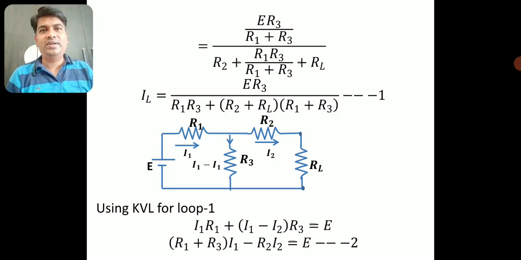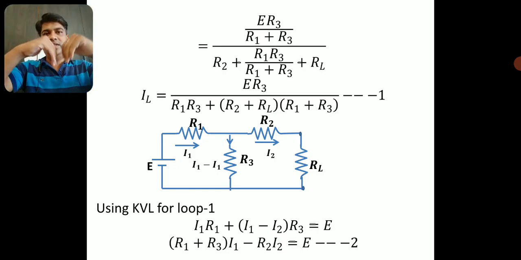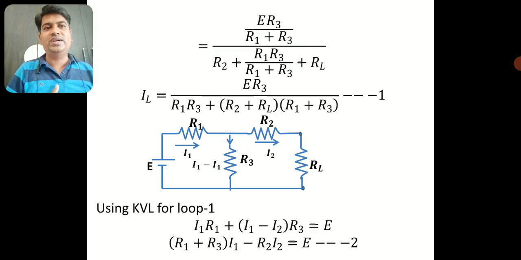So I1 is the main current coming over here, and partially it goes to R2, which is I2. The remaining current, I1 minus I2, flows down through this R3. You please correct it.